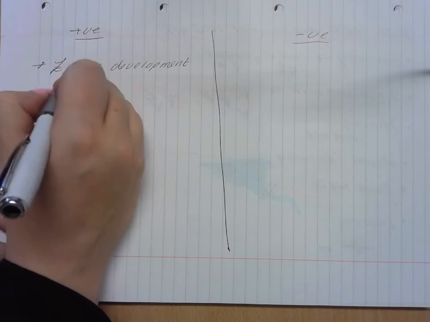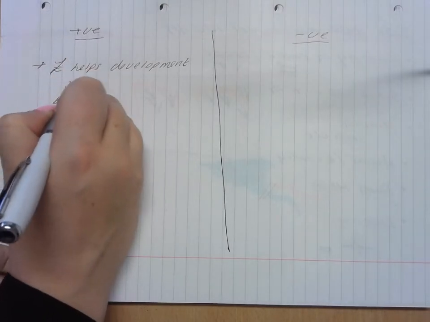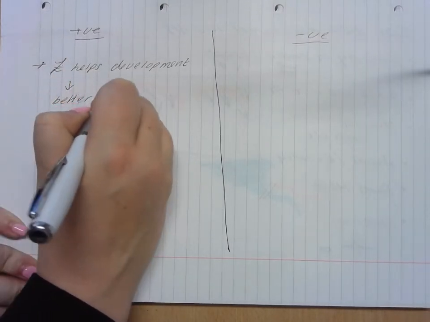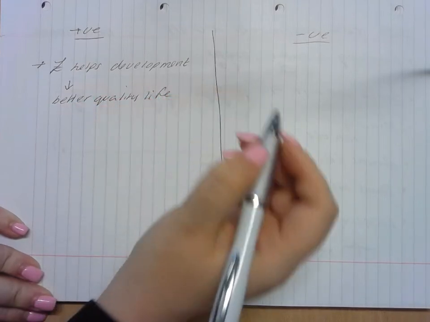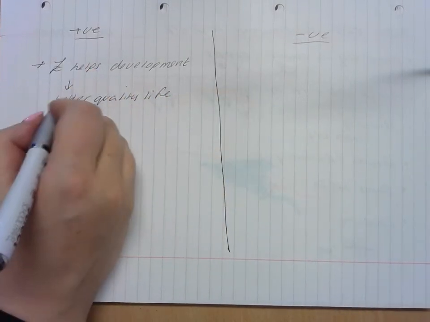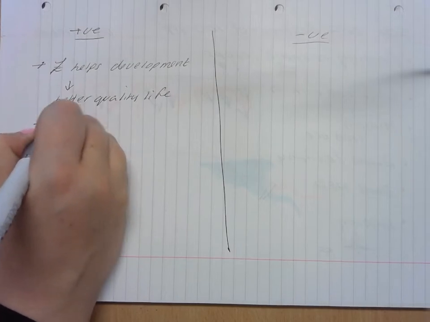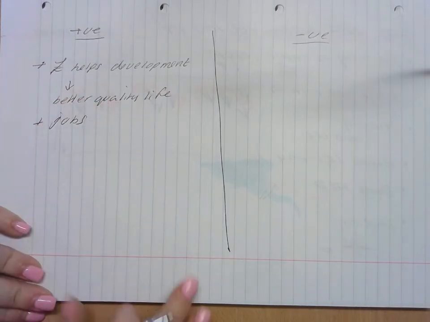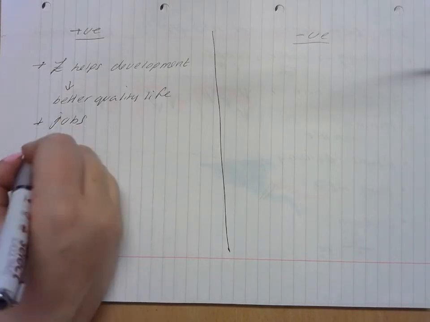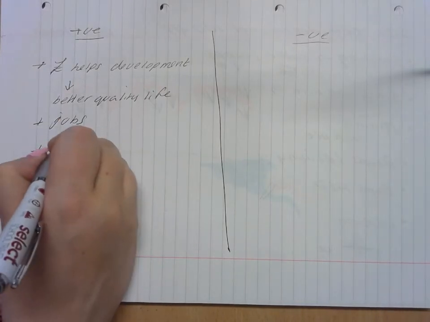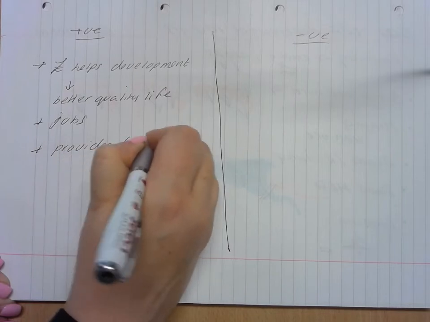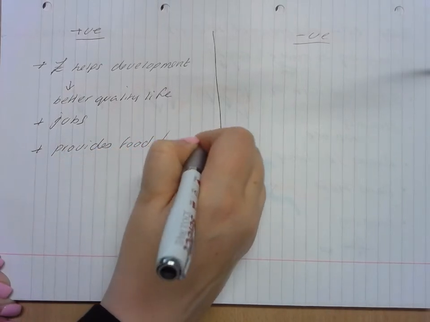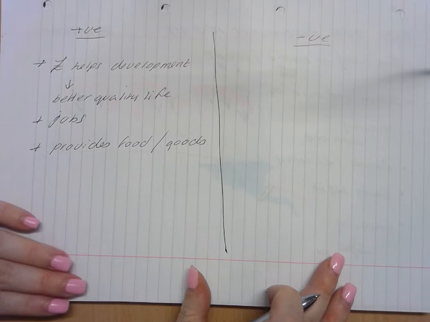Now that is obviously going to mean the better quality of life for people. If they've got more money, then they can get education, medicine, etc. Also it creates jobs. So jobs are created in these industries, and it actually provides our goods. It provides food, goods, paper, tables, all the rest of it.